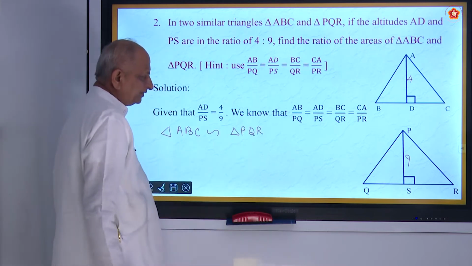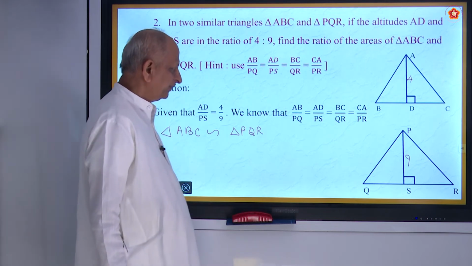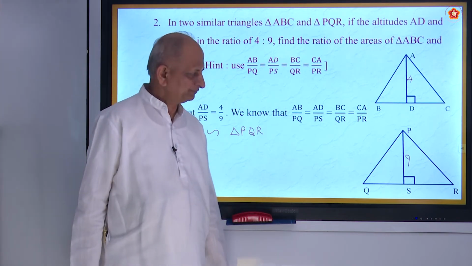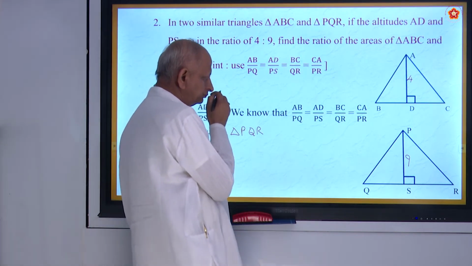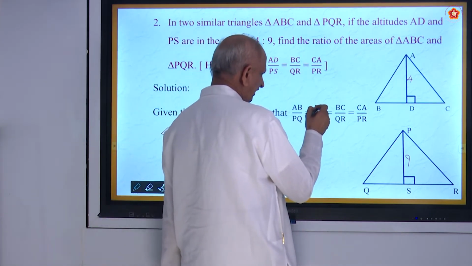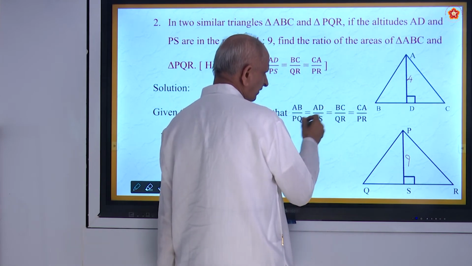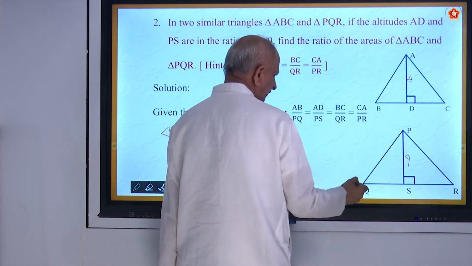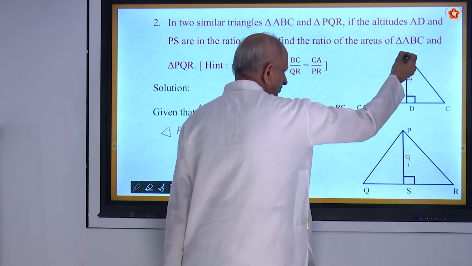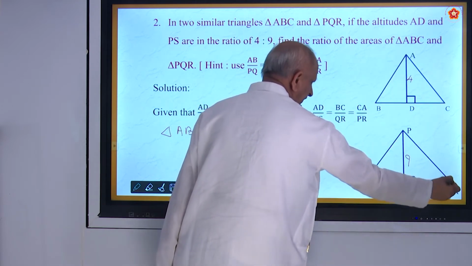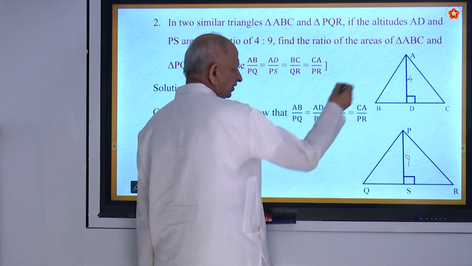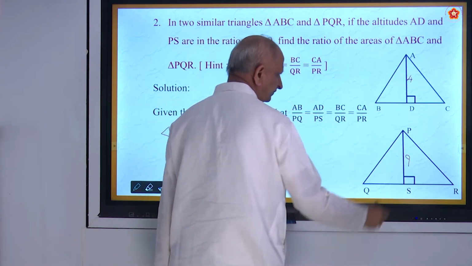If the two triangles are similar by the SSS property, the ratios of corresponding sides are equal. So AB by PQ is equal to BC by QR is equal to CA by PR is equal to AD by PS.